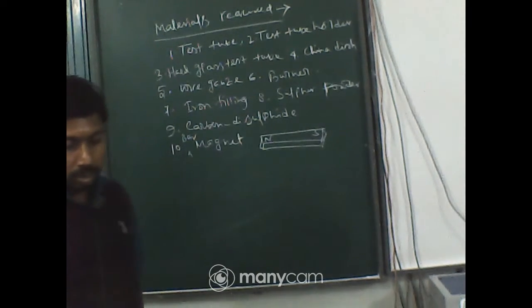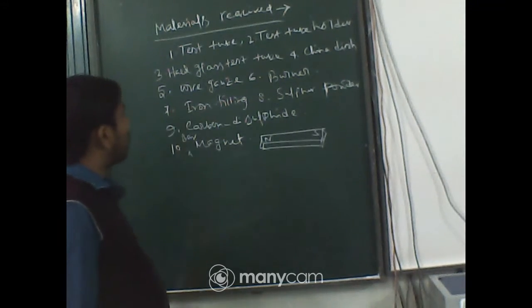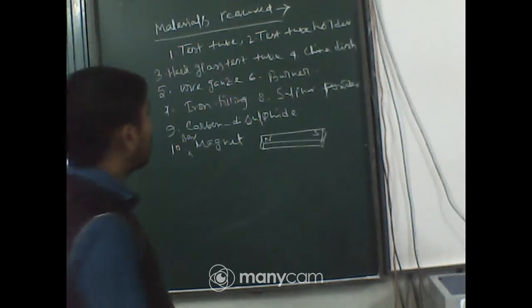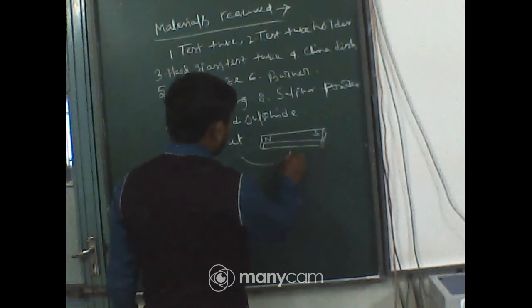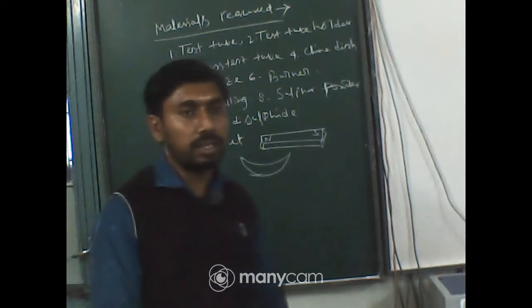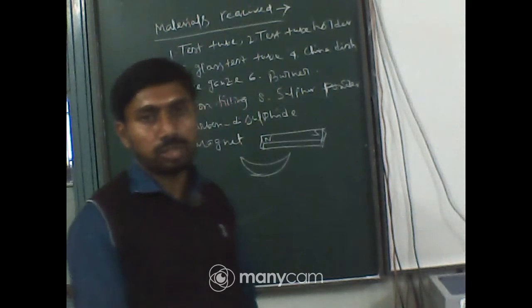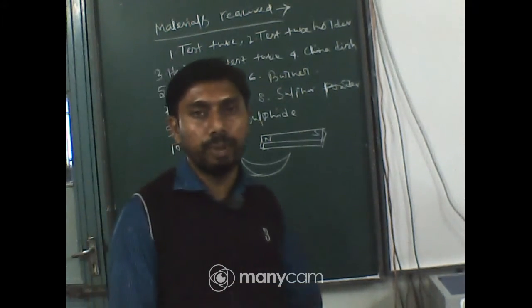So, what are these? Test tube holder and hard glass test tube are known. Now, what is china dish? China dish is a ceramic material. It is used for just mild heating, not for strong heat. If you heat it strongly, it will break.